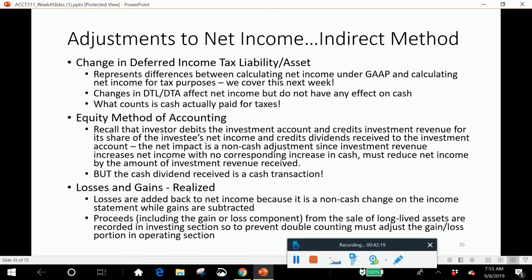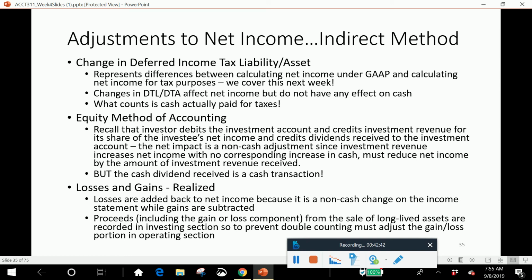Okay, change in deferred income tax liability or asset accounts. So again, we haven't actually covered accounting for income taxes yet. That will be in week 5. But basically what I wanted to let you know is what really matters when it comes to the statement of cash flows is the cash actually paid for taxes.